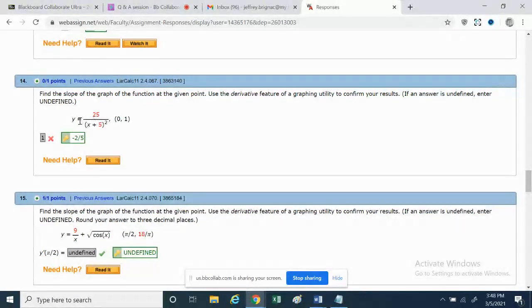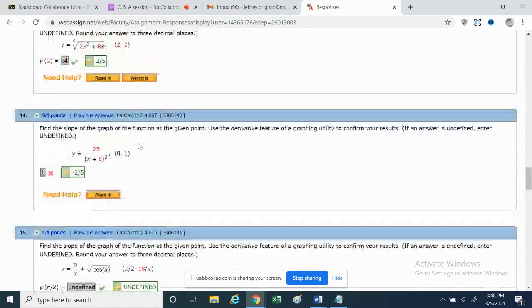I know that seems weird because we use that apostrophe for derivative, right? Prime. So this is WebAssign's fault. I take no responsibility for their typing, but it's saying your function y is 25 at the point 0, comma 1.